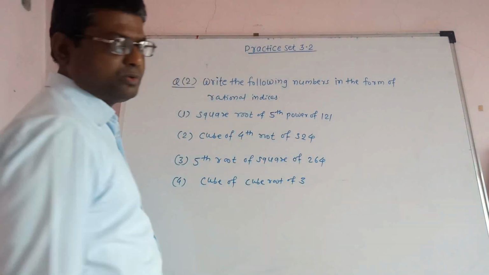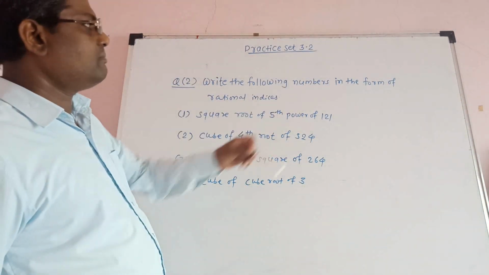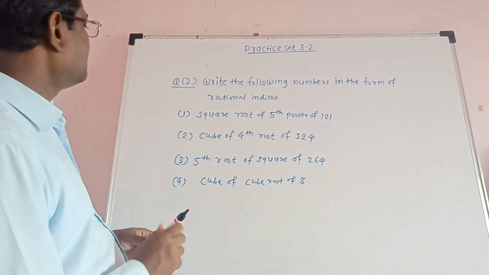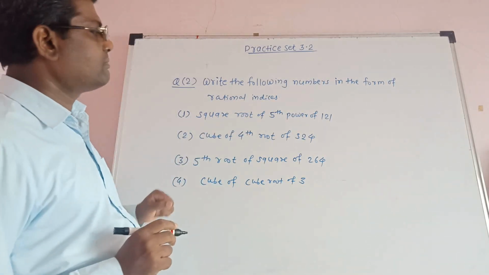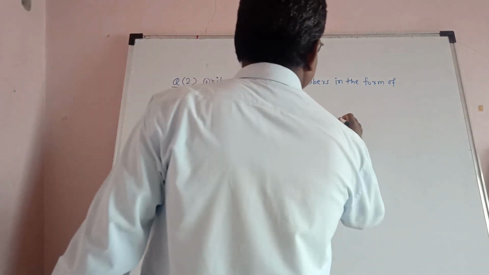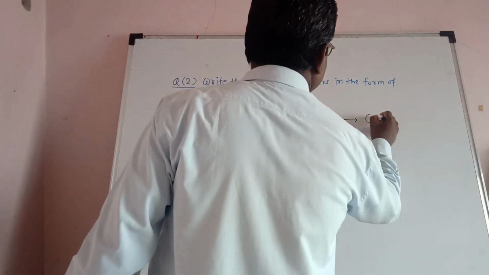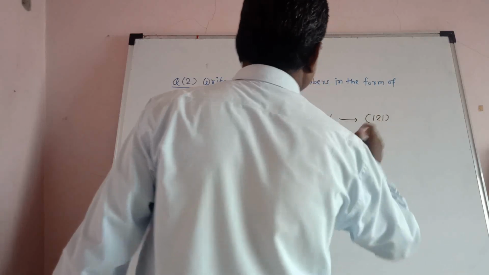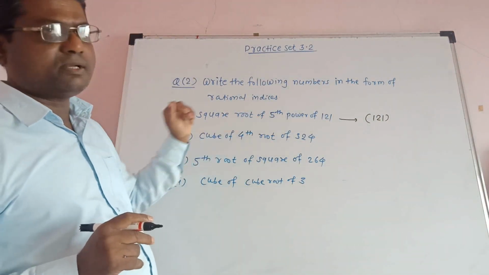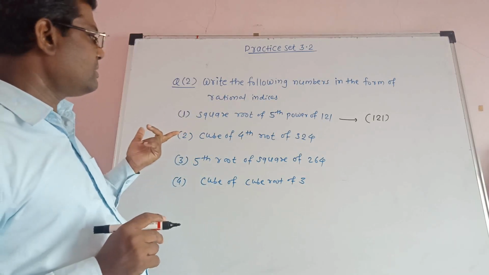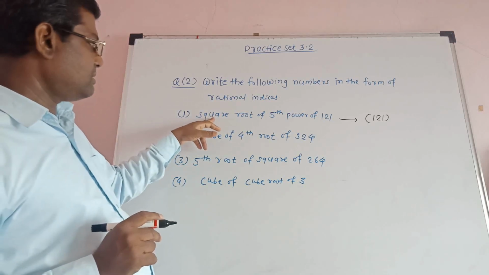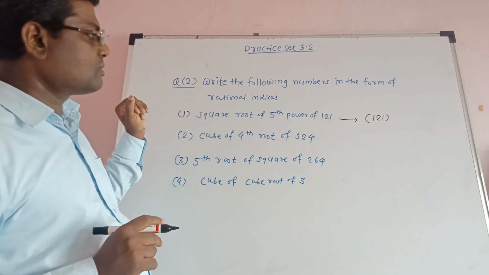Now question number 2. Write the following numbers in the form of rational indices. Number 1. Square root of fifth power of 121. So at first write the number 121. Then let us see fifth power. Power is written in the numerator and root is written in the denominator. It is a square root. Square root means second root.